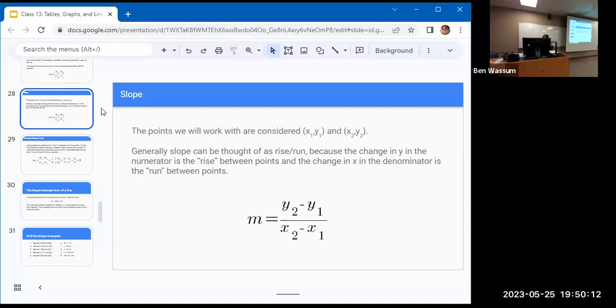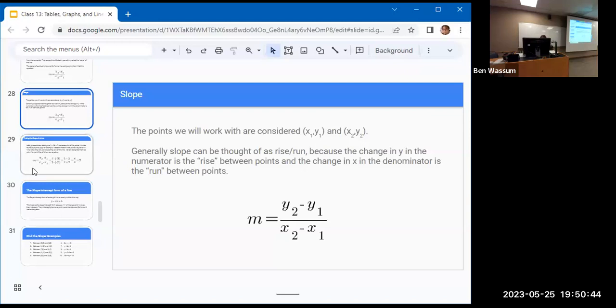So when it comes to conceptualizing the slope, since it's difference in height over a difference in width, you like to think of it as rise over run. That's a very, very useful way to keep it in mind. Rise over run, because the change in y is the rise, and the change in x between the 2 points is the run between those points.